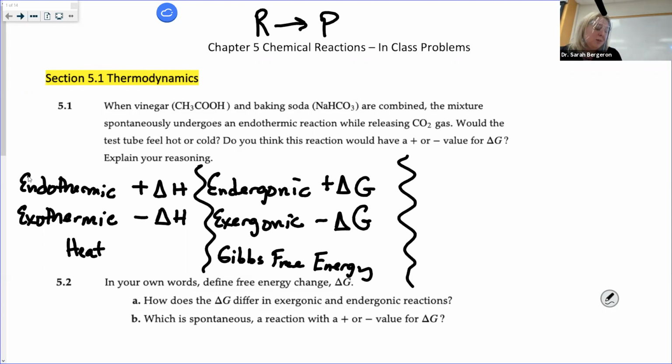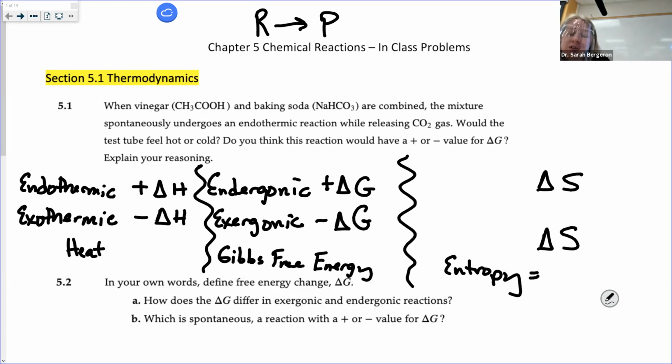The next thing that we look at is the amount of disorder in a system. And so we call that entropy. And our symbol for entropy is S. And we're not going to look at the absolute value. What are we looking at? Change. Another word for entropy is disorder.